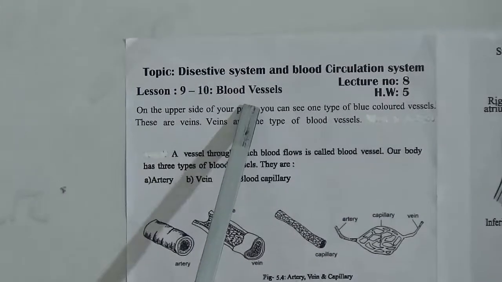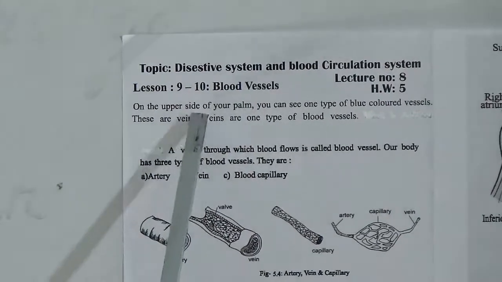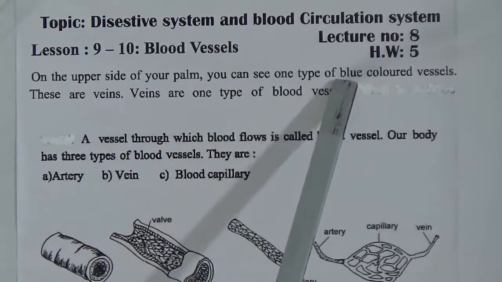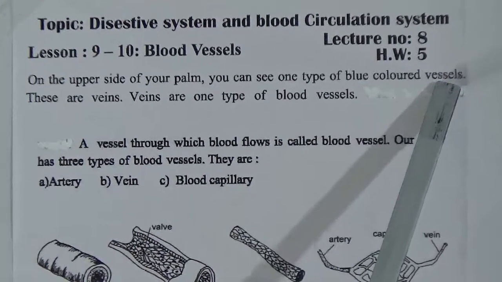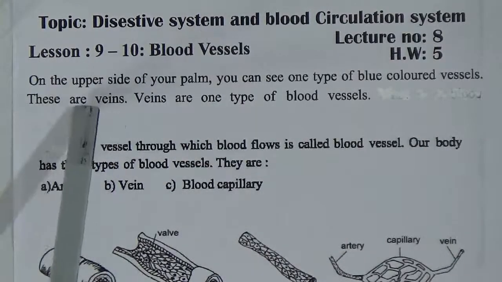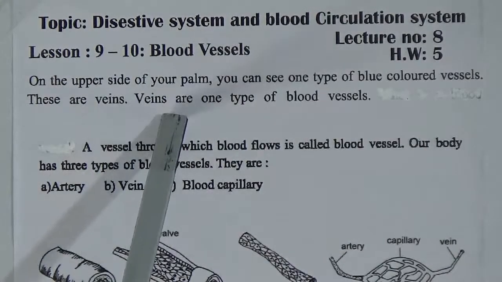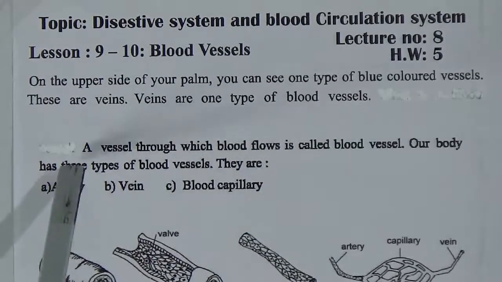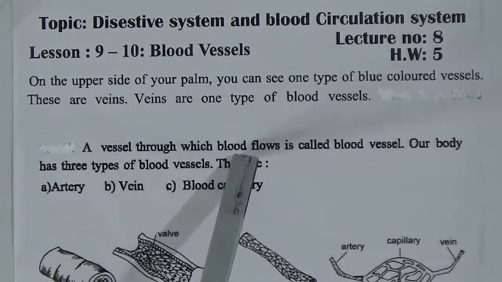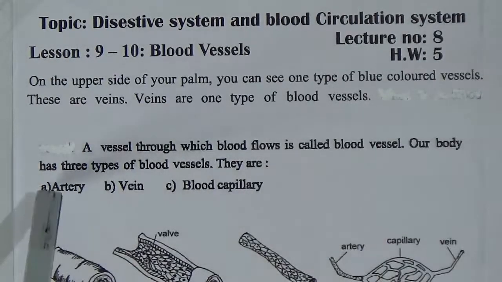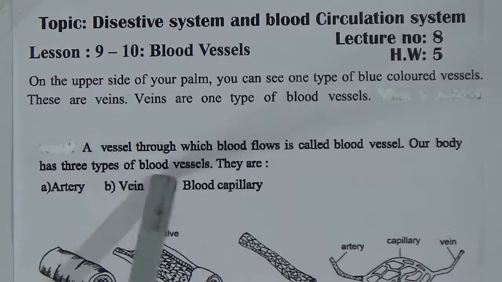Blood vessels. On the upper side of your palm, you can see one type of blue colored vessels. As I have shown you, these are veins. Veins are one type of blood vessels. A vessel through which blood flows is called a blood vessel. Our body has 3 types of blood vessels.